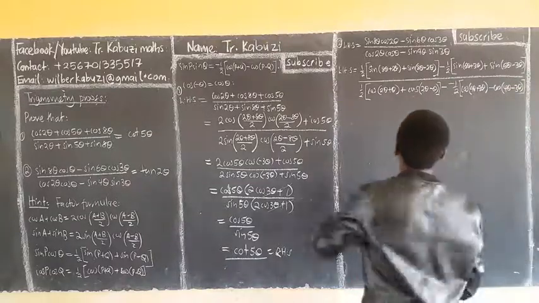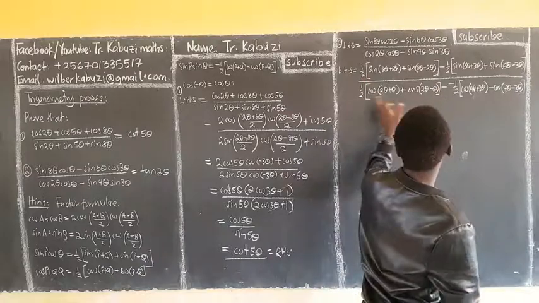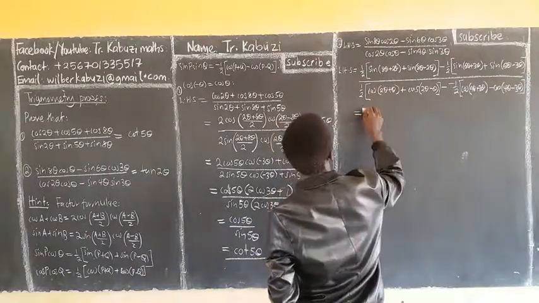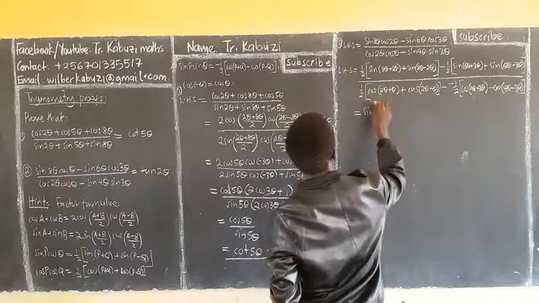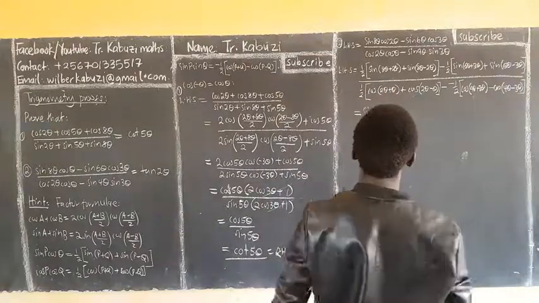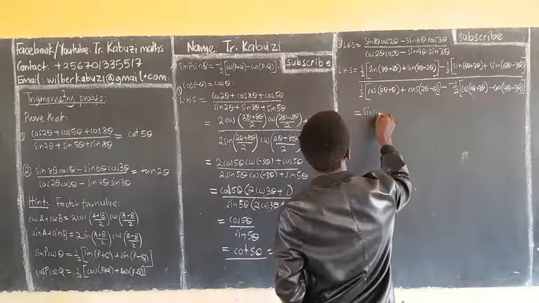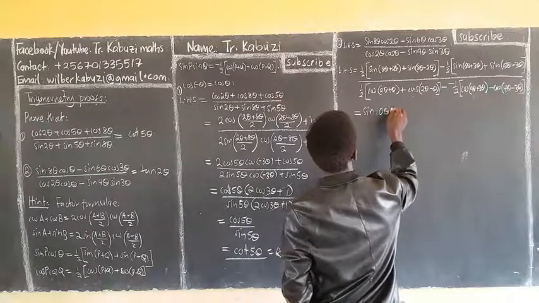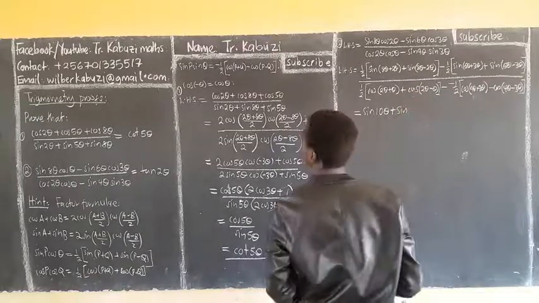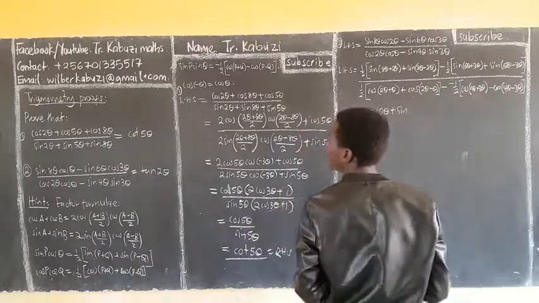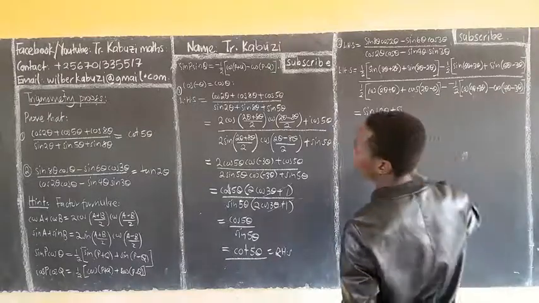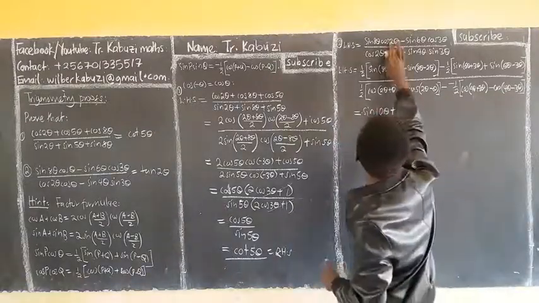So that simplifies, a half is common. So if I divide by a half, on this side I have sine, this will give me 10 theta. Sine 10 theta. Then plus, this will give me sine 8. So remember here it's just theta.